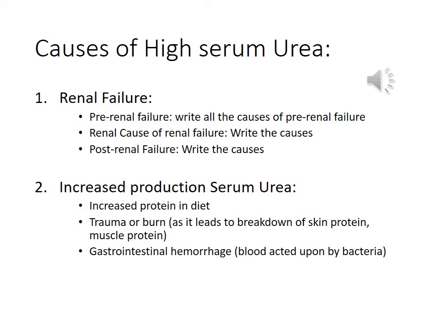Trauma or burn, because during trauma or burn, our muscle protein and skin protein are destroyed. These are then absorbed by the body and broken down to urea, which leads to high urea. And the last cause is gastrointestinal hemorrhage. This means bleeding inside the digestive system, like inside the esophagus or stomach.